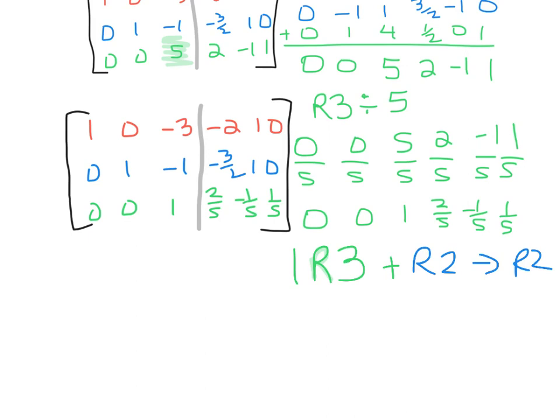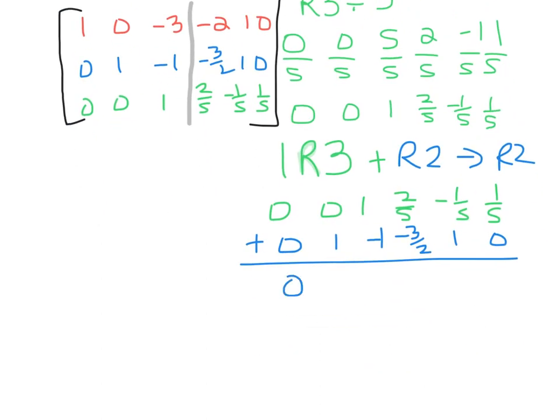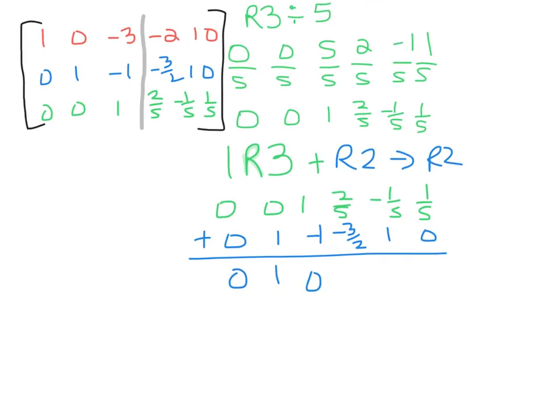So row 3: 0, 0, 1, 2/5, -1/5, 1/5, adding it to row 2. So 0, 1, 0. Let me show the math over here.